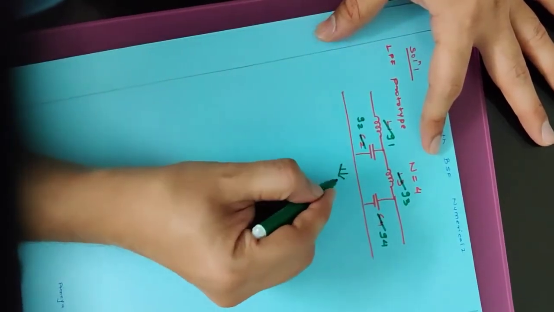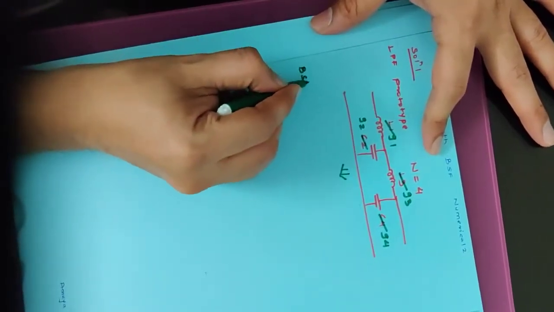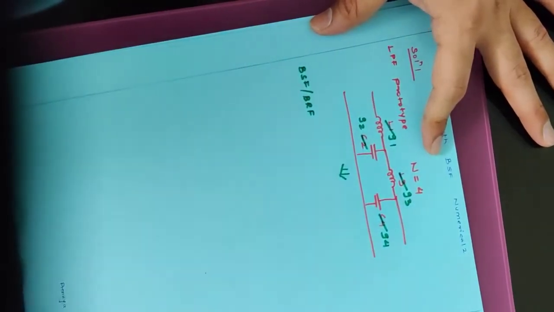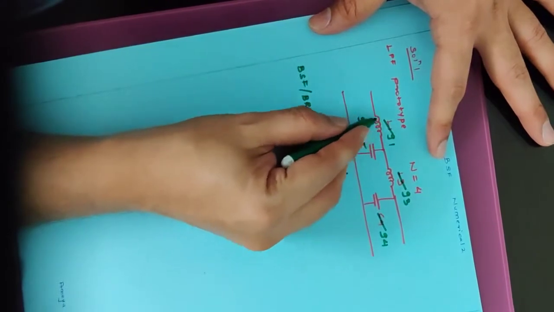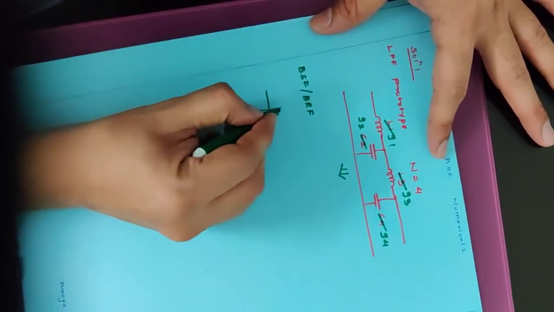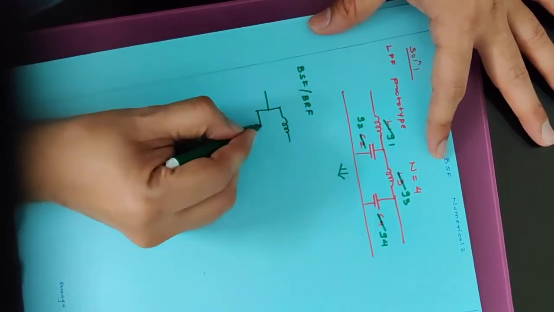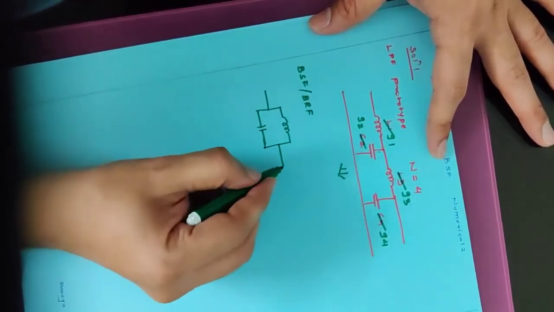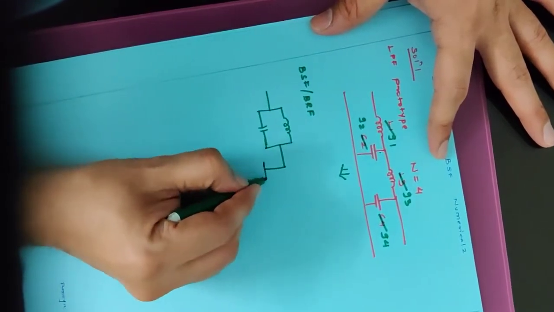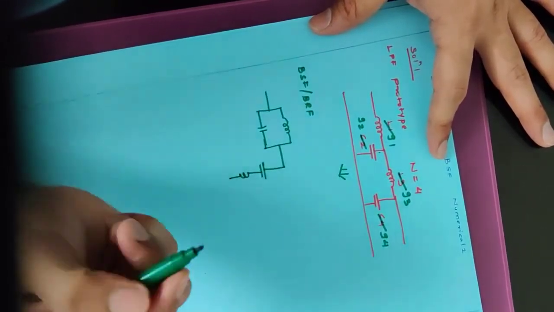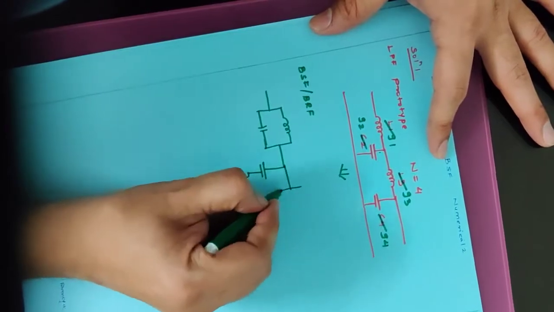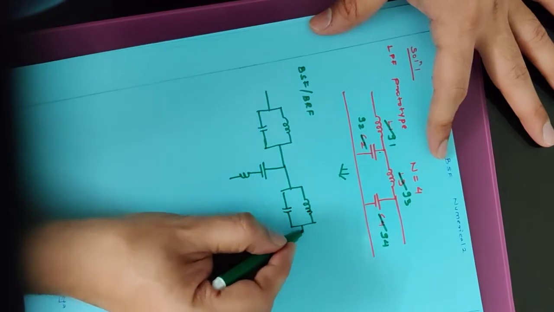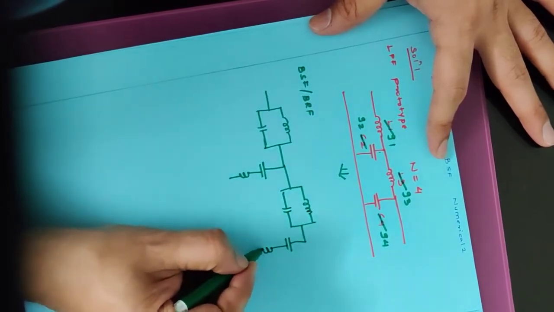Now I will transform this into band stop filter, or you can say band reject filter. Now the transformation is done like this. The series inductor is transformed into a parallel combination of inductor and capacitor. The shunt capacitor is transformed into a series combination of capacitor and inductor. So again here I will have a parallel combination, and here I will have a series combination.